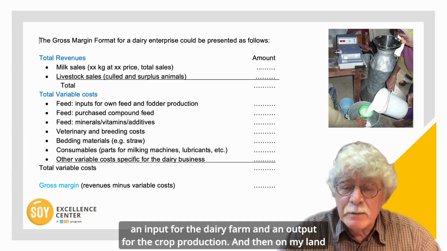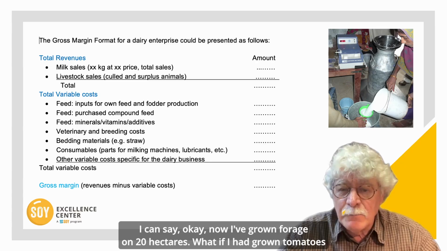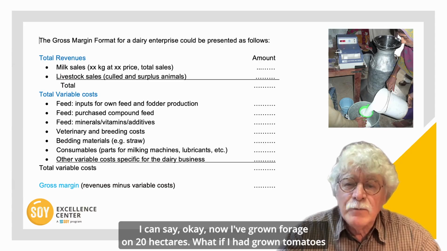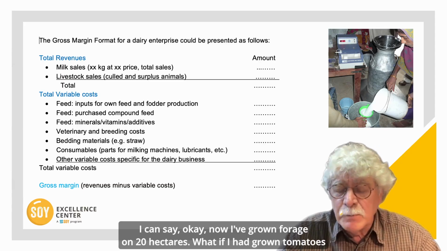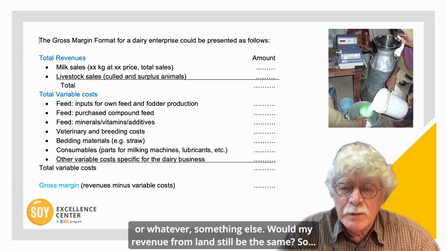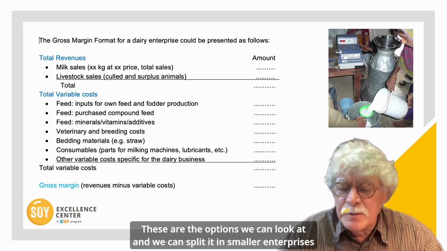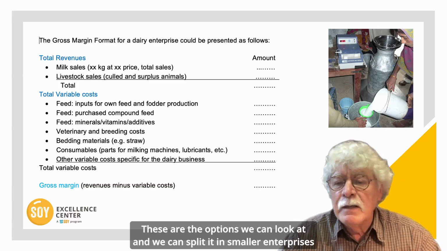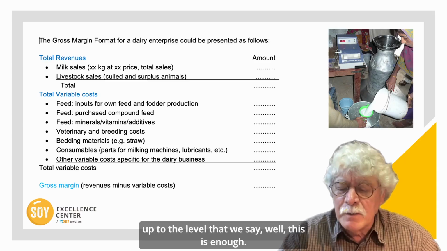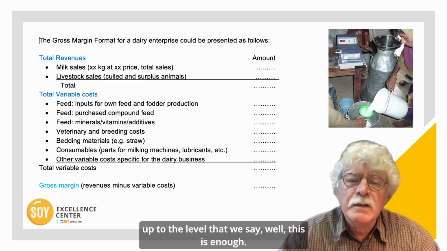And then on my land, I can say, okay, now I've grown forage on 20 hectares. What if I had grown tomatoes or whatever, something else, would my revenue from land still be the same? So these are the options we can look at, and we can split it in smaller enterprises up to the level that we say, well, this is enough.